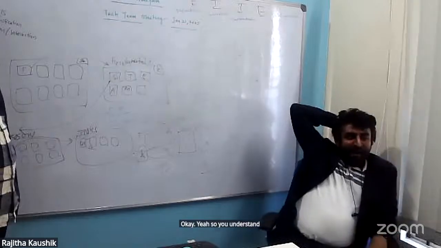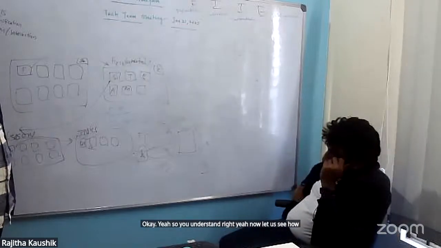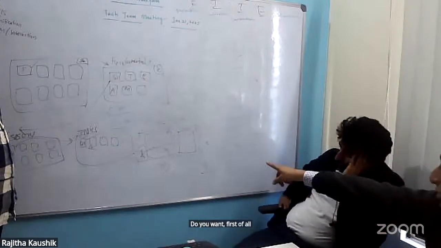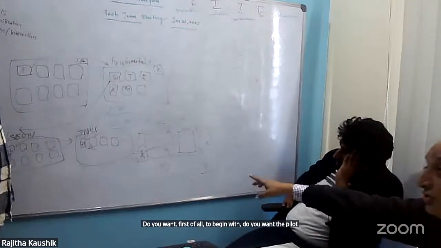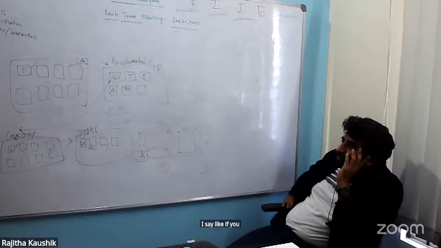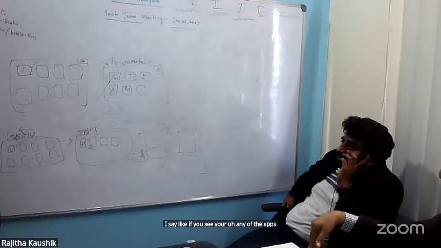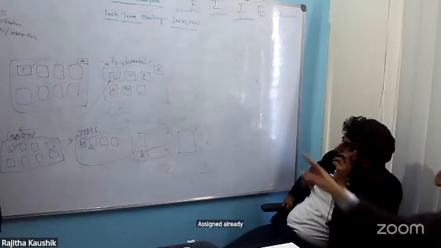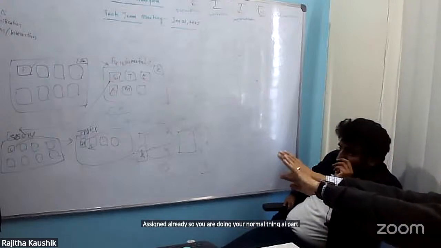Now let us see how the UI has to be made for it. First of all, do you want the pilot to be there while this phase is going on? Like in any of the apps where the AI part comes in, you are doing a normal thing, and the AI part you can go in between and discuss with it.